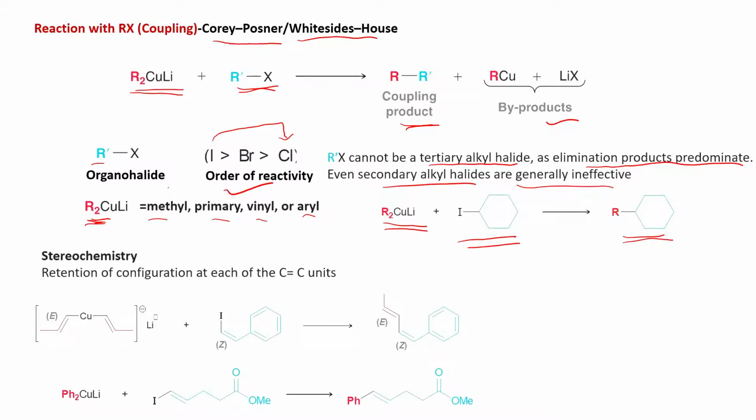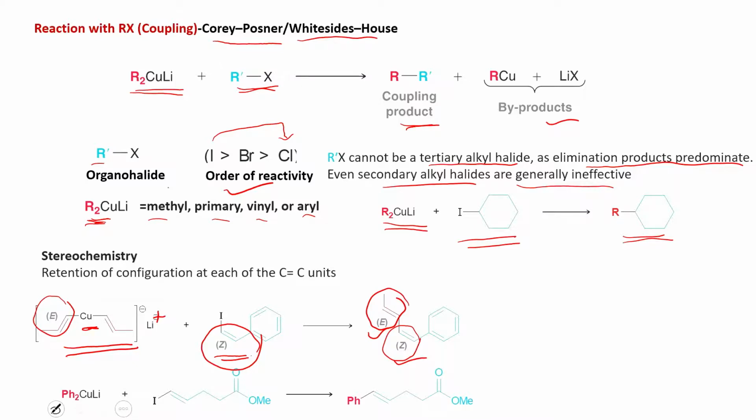Now we talk about stereochemistry. So stereochemistry will remain the same for both reactants. Okay, so your E will react with Z, and will give you E and Z. So your E part was with copper, so it is here, and the Z part was with the organohalide, so it will remain as a Z. So there happens no inversion of configuration.